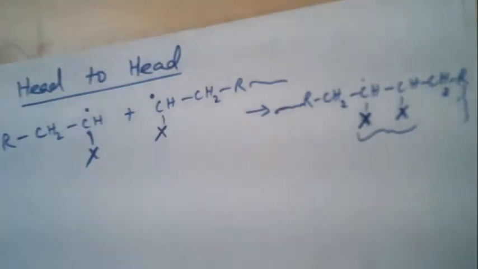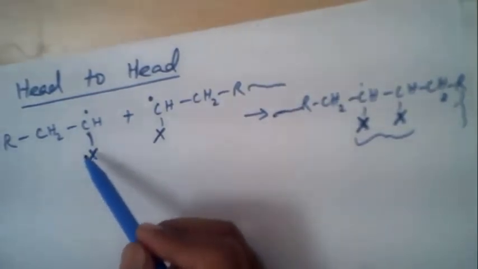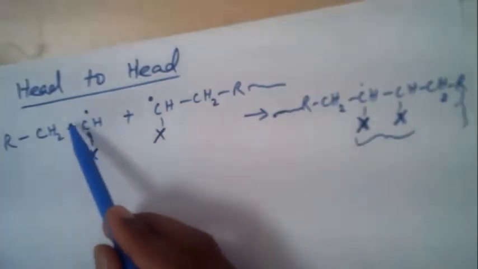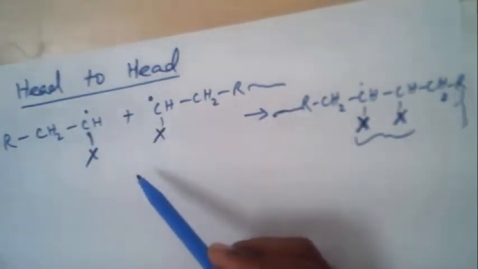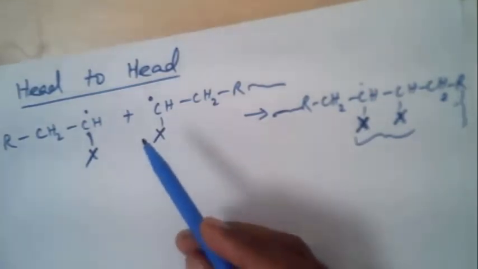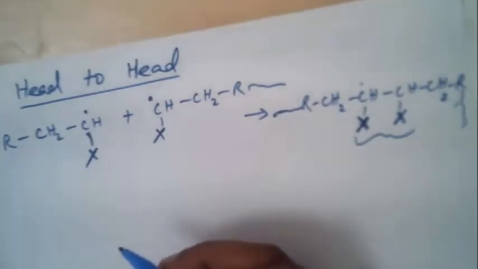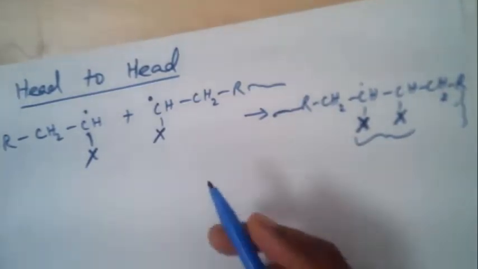So most of the propagation reaction happens through head to tail, but in some termination reactions it has been encountered that this polymerization reaction might undergo head to head. Otherwise, thermodynamically almost all the propagation step undergoes head to tail.